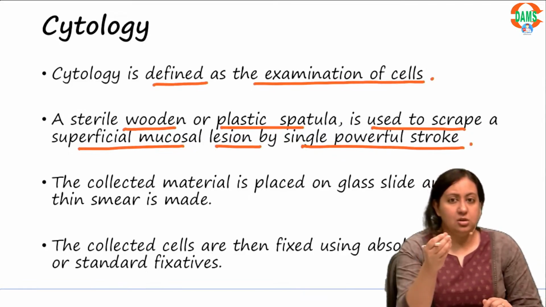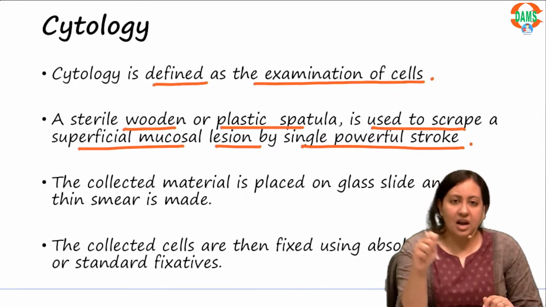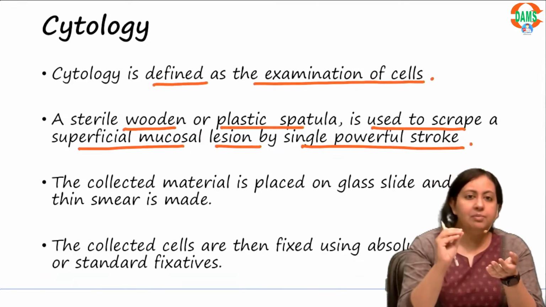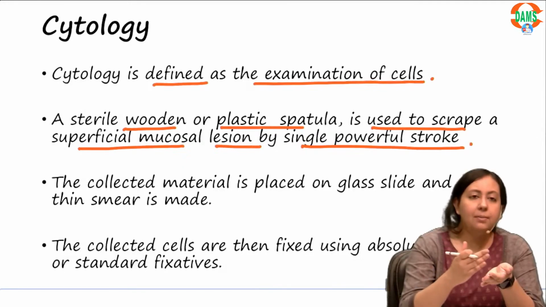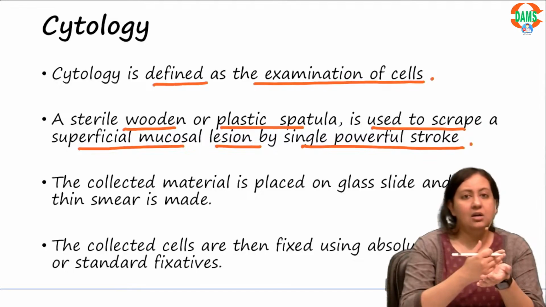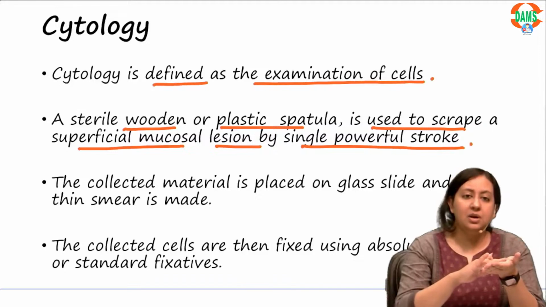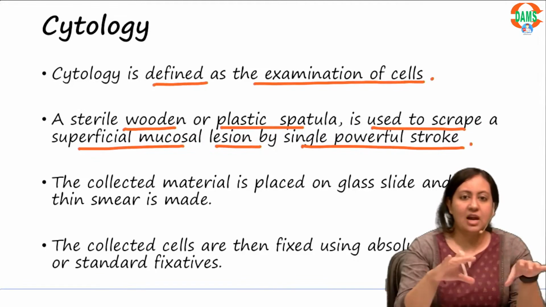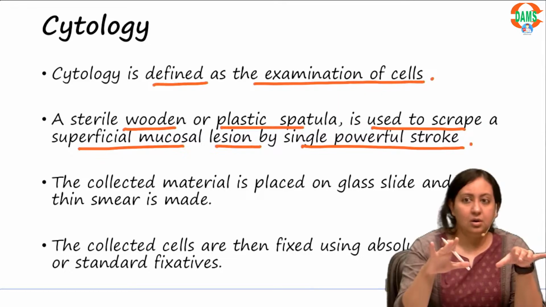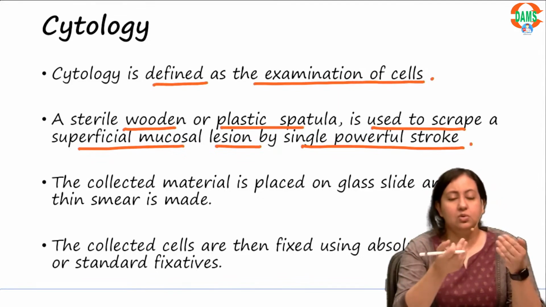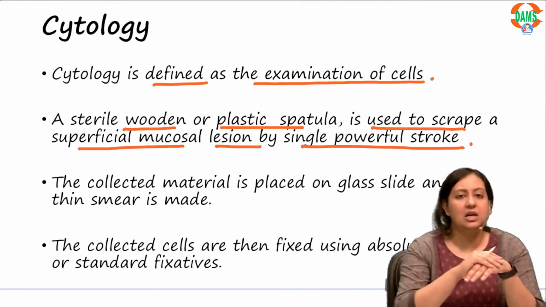Suppose there is a lesion, you scrape the lesion with a powerful stroke and with some pressure, so that you go to a bit of depth also. Once you have scraped your region or area of interest, you smear whatever you have scraped onto a slide. You prepare a smear, and that slide you study under a microscope. So this is how a cytology study is carried out.